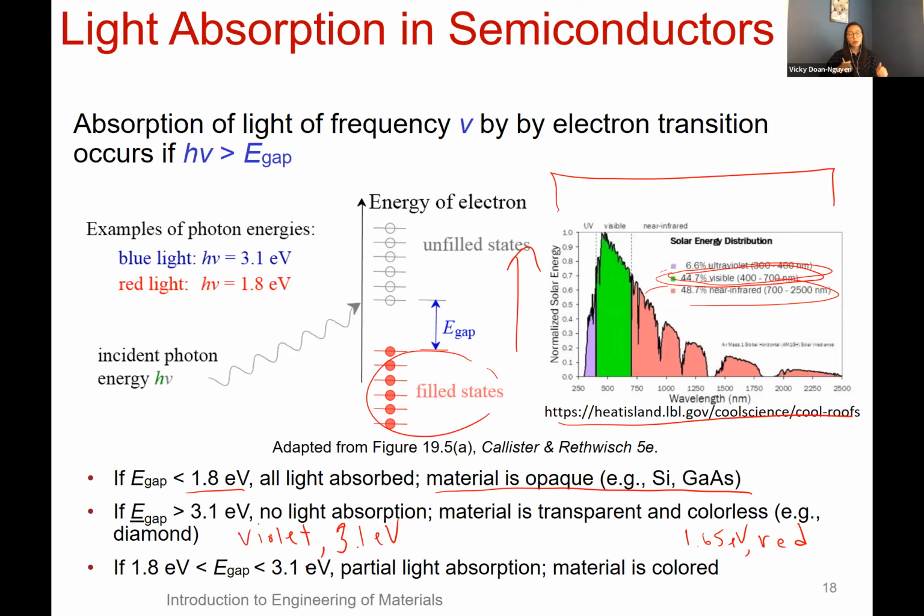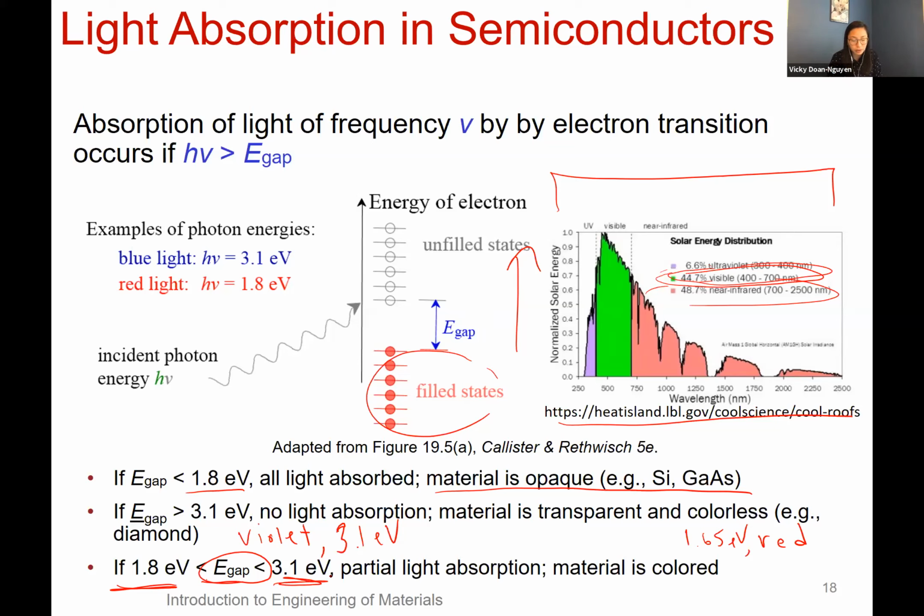Right. So if your band gap is 3 eV, then the visible light that you have available, well, that's difficult, right? And then you're going into the UV region, and so the material looks transparent and colorless.